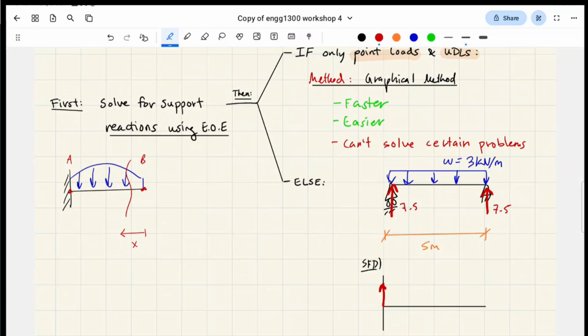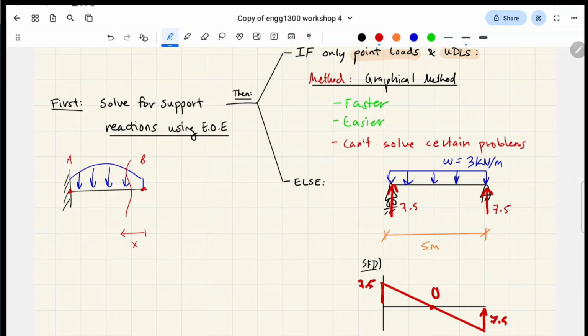Or if it's a negative value, you go down by that much. So that goes up to 7.5. Then it linearly decreases if you see a uniformly distributed load, and then it goes up again by 7.5. And since it's symmetrical, we know this is 0 in the middle.